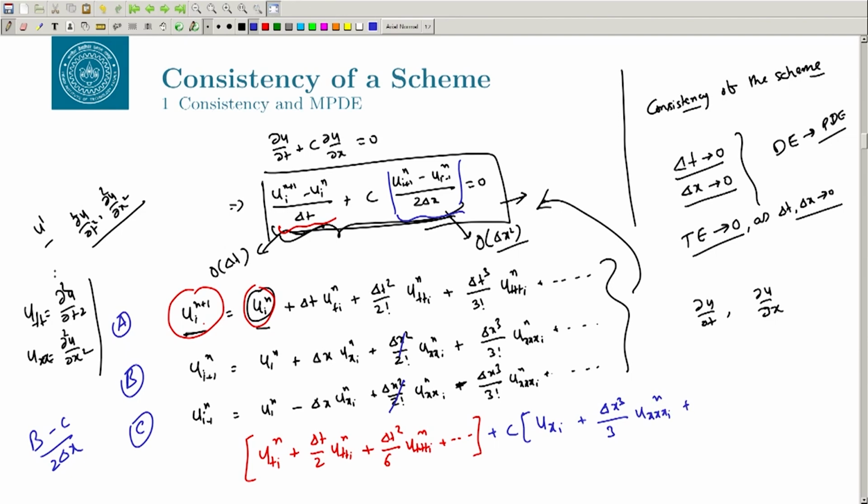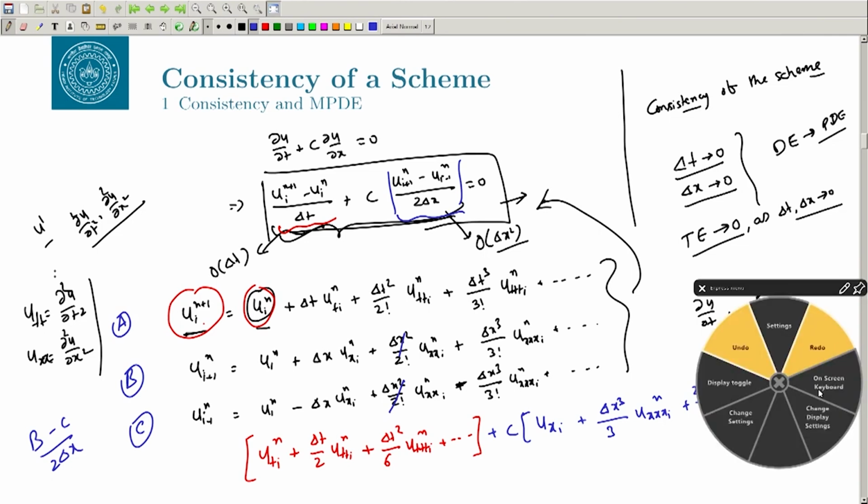The next term will also get cancelled out, and you will have something like delta x to the 5 by factorial 5, u_xxxxx at (i, n), and so on and so forth.